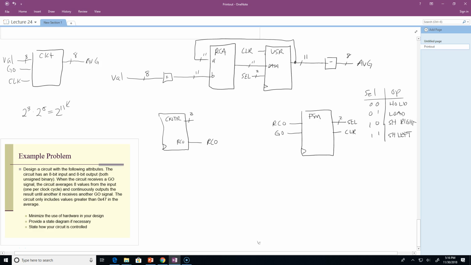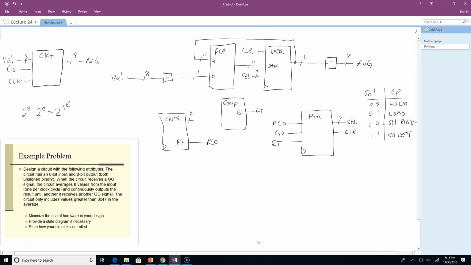This state machine's clocked. Looking good. I need one more thing in here, which is the comparator. And what I need to look at here is GT, and that's going to be a status.